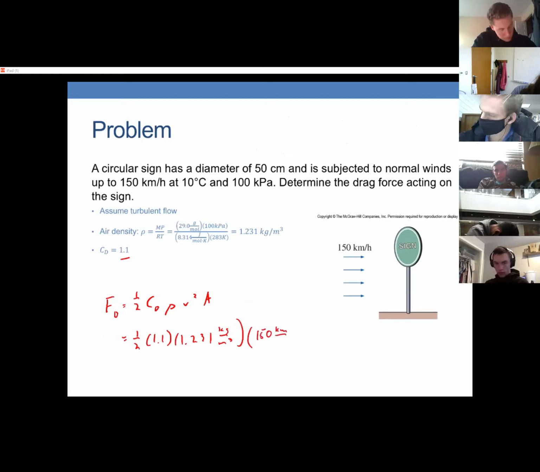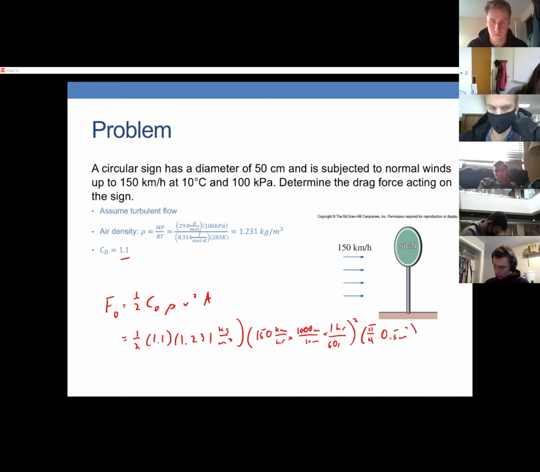Kilometers per hour, which times 1,000 meters per kilometer times 1 hour per 60 seconds squared times the area, which will be pi over 4, 0.5 meters. And then quick thing there, I think that it would be the 1 hour over 3,600 seconds. Oh yeah, yep, you are correct.